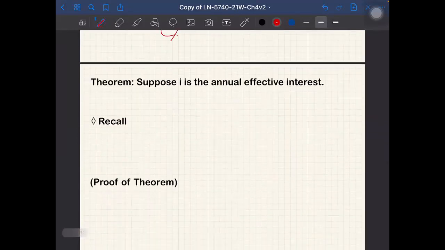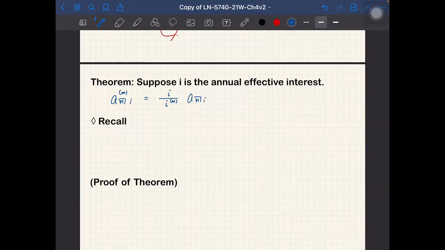Okay, so the theorem. a angle n superscript m at rate i is equal to i over i superscript m times a angle n. Here i superscript m is the nominal annual rate which is equivalent to the effective rate of i. And remember that i superscript m is slightly smaller than i.